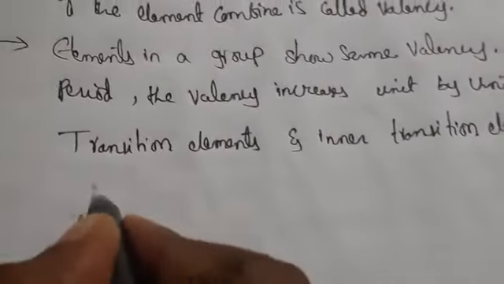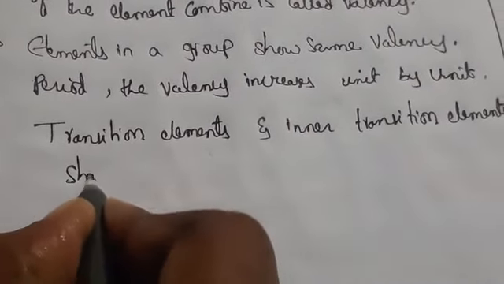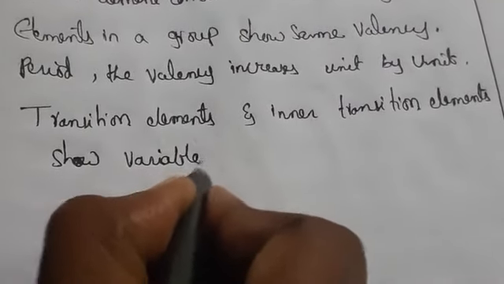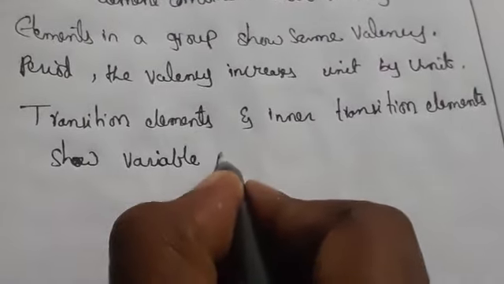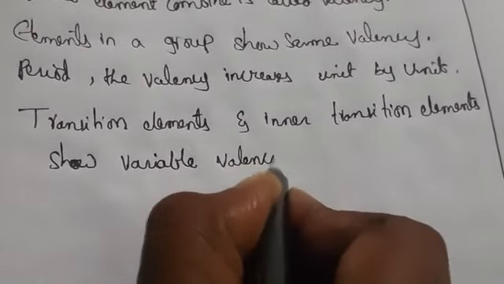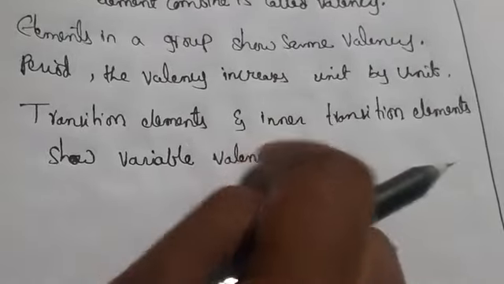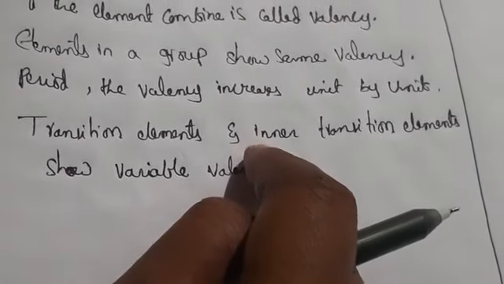They will show variable valency. Variable valency means different oxidation states, so each element has different oxidation states. The maximum valency of an element is its group number.